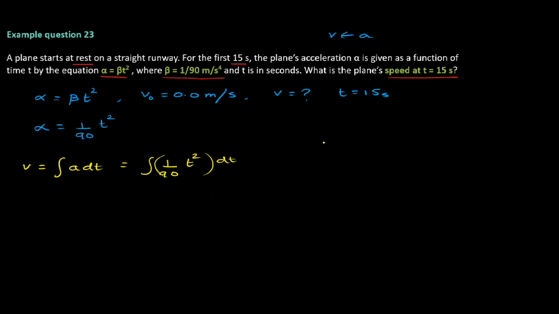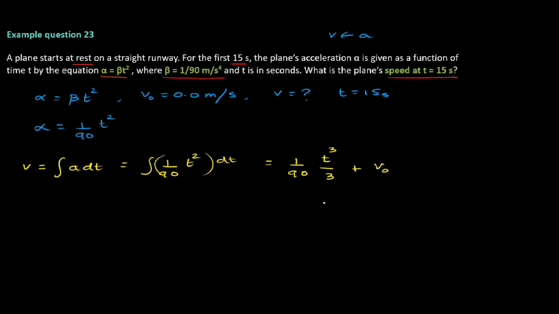Then we follow the steps of integration. The power of t here is 2. I will first increase the power of t by 1. So 1 over 90 remains as it is, and t becomes t cubed. Then divide by the new power, so divide by 3, plus v0.